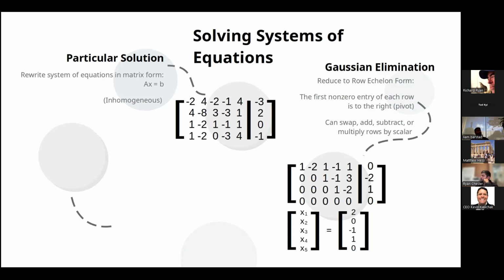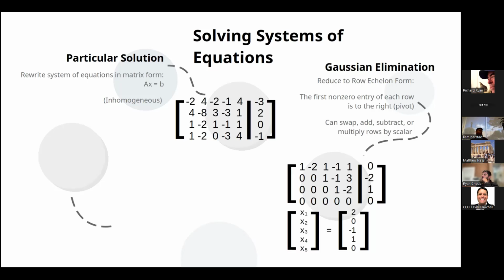If you look at row 3, that means that if you have 1x4 minus 2x5 equals 1, x5 must equal 0, and x4 must equal 1. You can solve for the next one and the next one, etc.